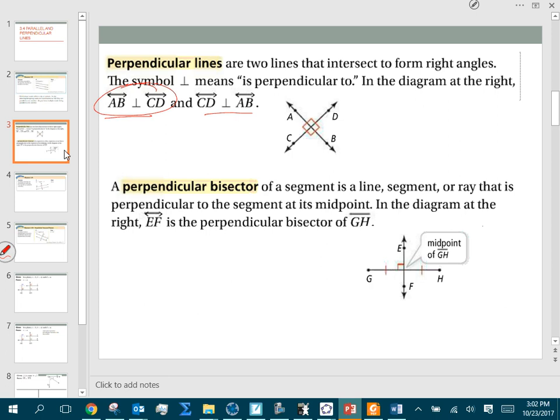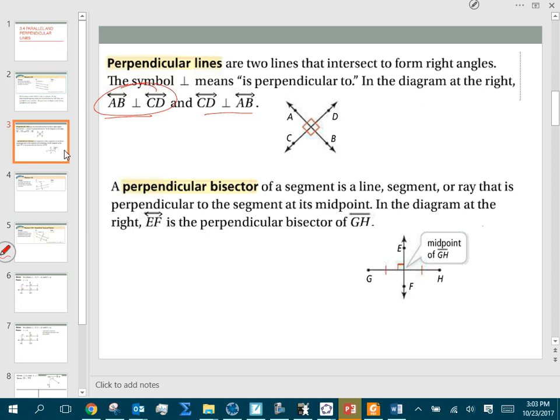We saw that with parallelism as well. If I have two lines, L and M, and they're parallel, we said L is parallel to M, but that also means that M is parallel to L. You can do the same thing with perpendicular lines, read it backwards and forwards. But perpendicular lines provide us right angles.